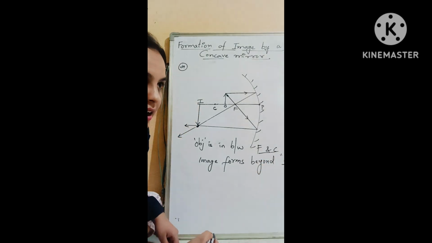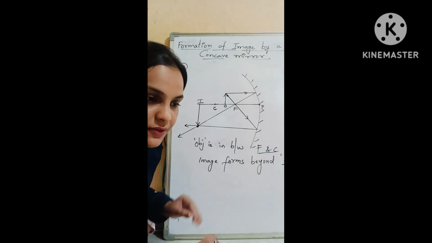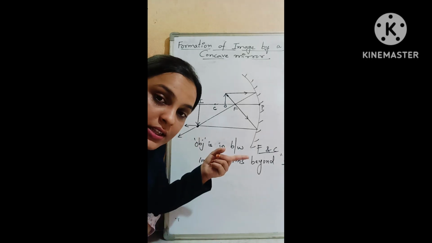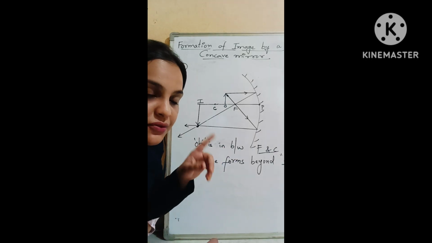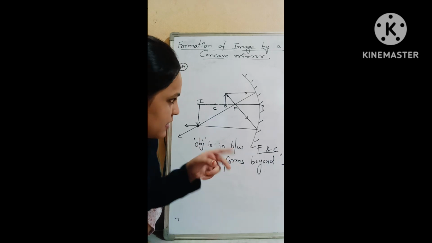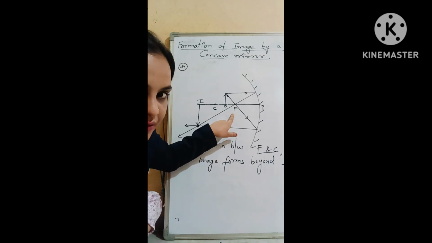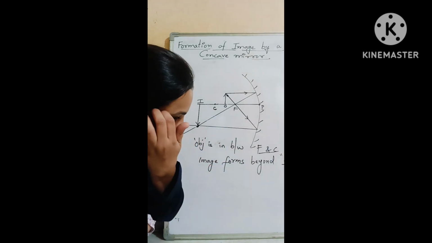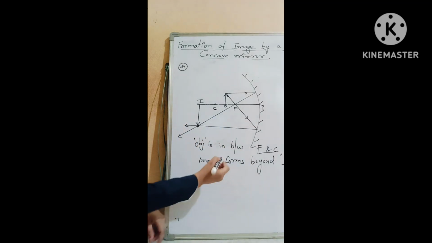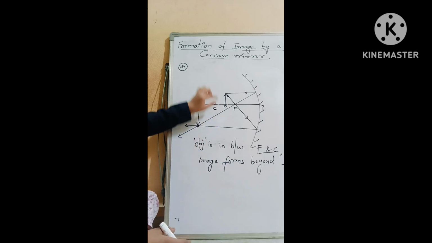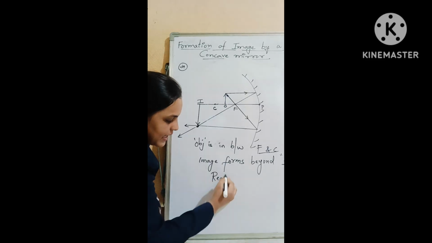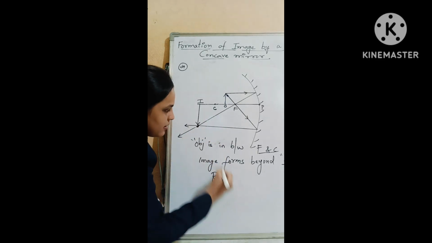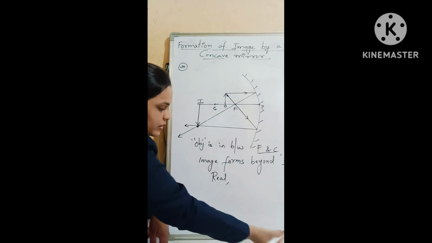See, if you remember in the second case, when we placed the object beyond the center of curvature, we got the image in between F and C. So it will be reversed. If you place the object in between C and F, you will get the image beyond C. Reverse to the second case. Now if you observe, we have the object, we got the image. How is that image? Real. As we can see, the image is forming by intersection of two reflected rays.